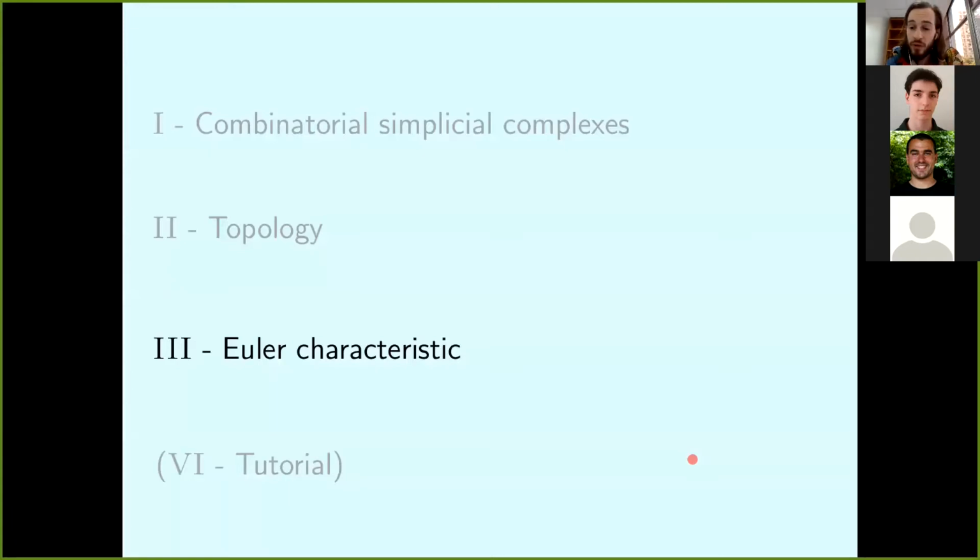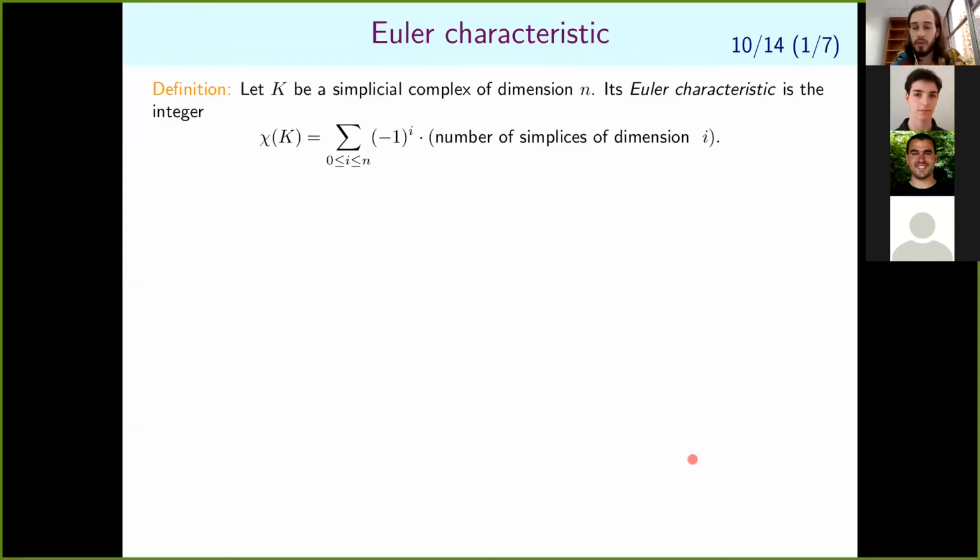Last section before we go into coding. Simplicial complexes allow us to define a very famous and very important invariant of topological spaces that is called the Euler characteristic. And this is really simple to define.